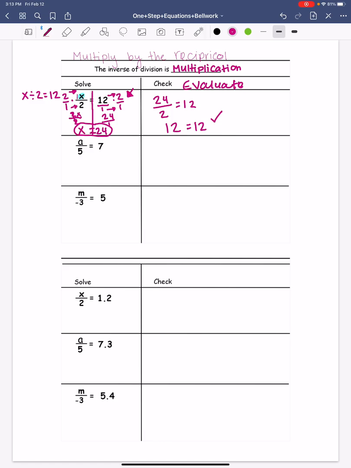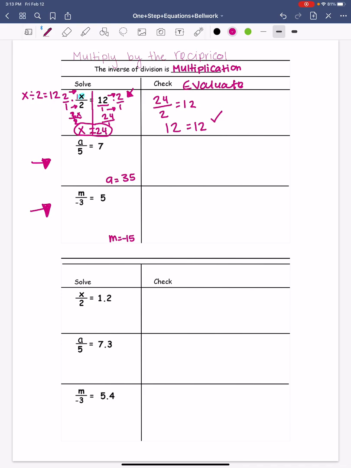Now pause the video and do these two on your own, and then come back and check your answers and we'll move on. So here we should get A equals 35. Here we should get M equals negative 15.